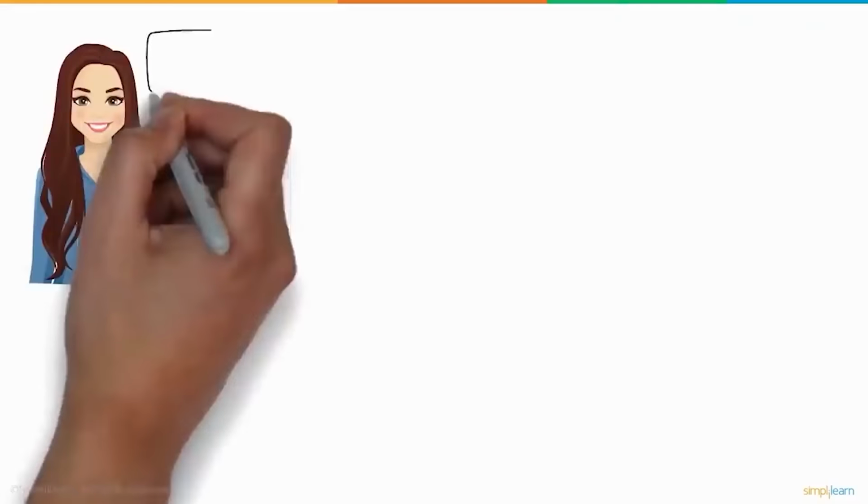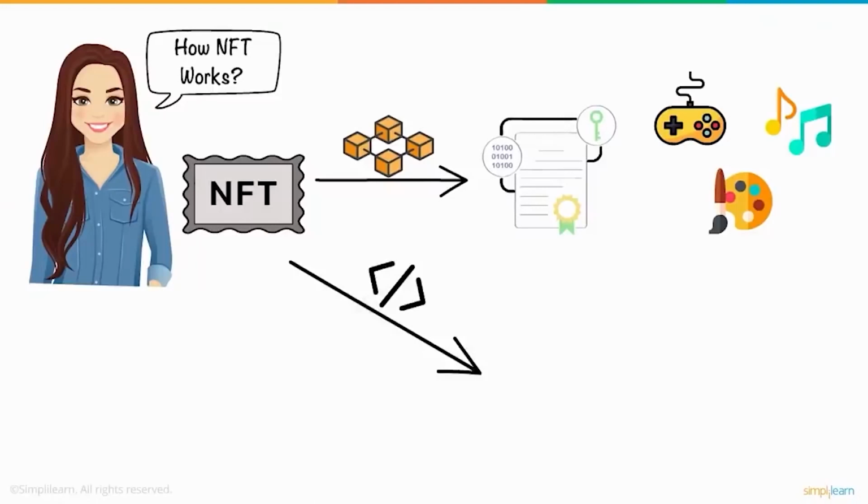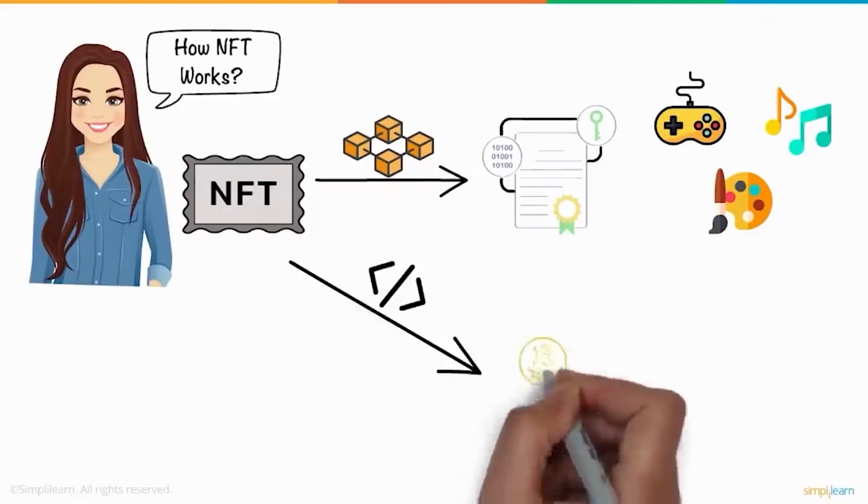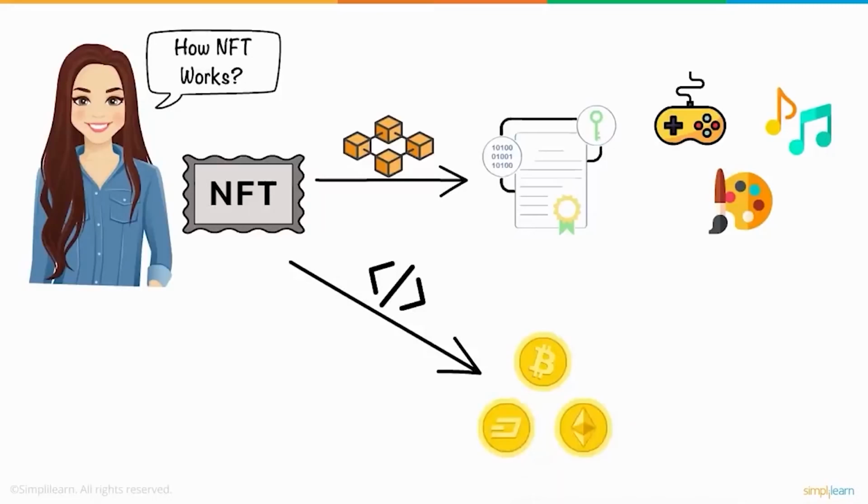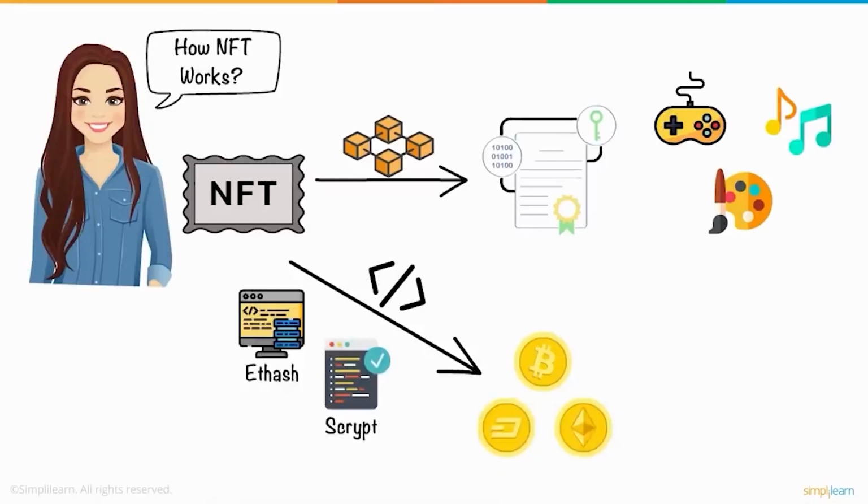This certificate gives your artwork a unique identity. The underlying technology and the programming language used by NFTs are the same as other cryptocurrencies, such as blockchain and the programming language Ethash or Script. NFT majorly exists on Ethereum blockchain, the distributed public ledger that records all the transactions.